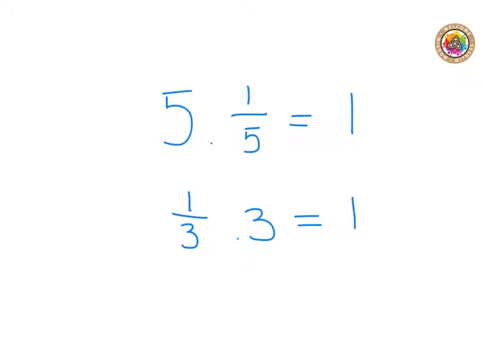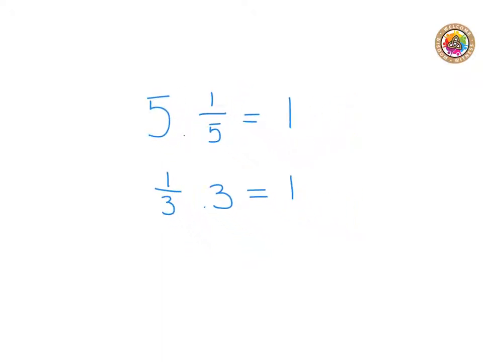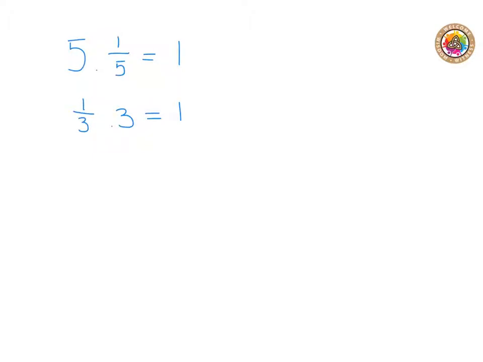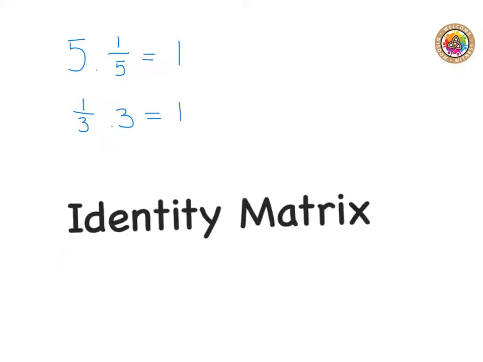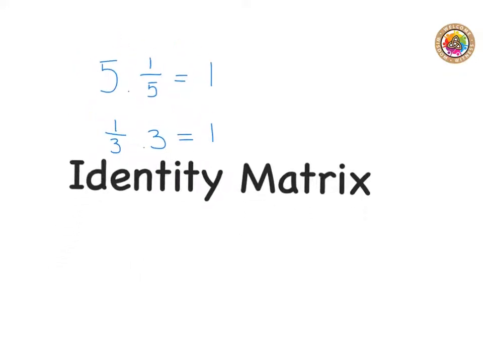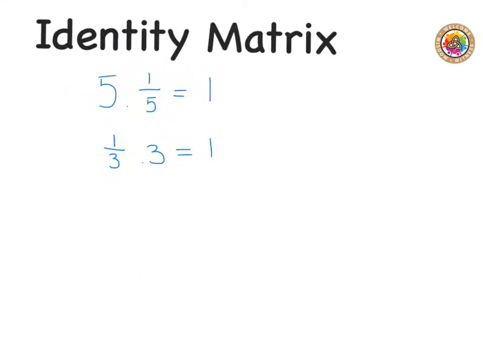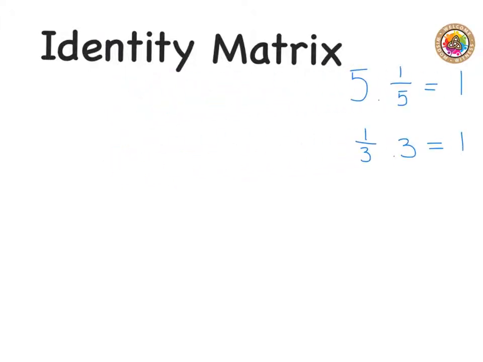Now we don't have 1, so to speak, in a matrix, but what we do have is something called the identity matrix, and that's what we really want to look at here. The identity matrix is always represented by the letter I. For example, a 2 by 2 matrix, its identity matrix is 1, 0, 0, 1.